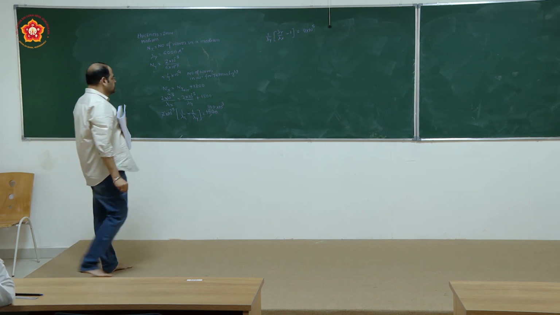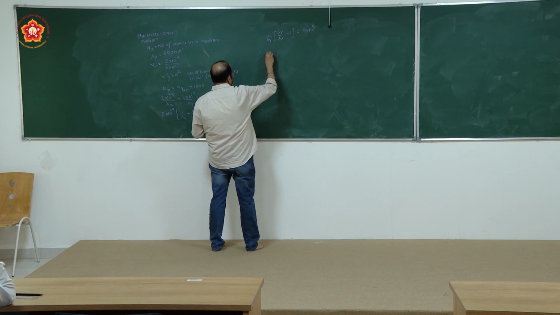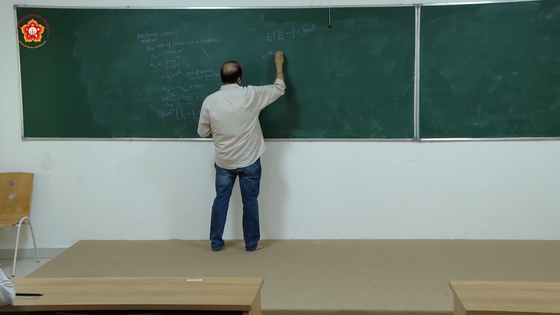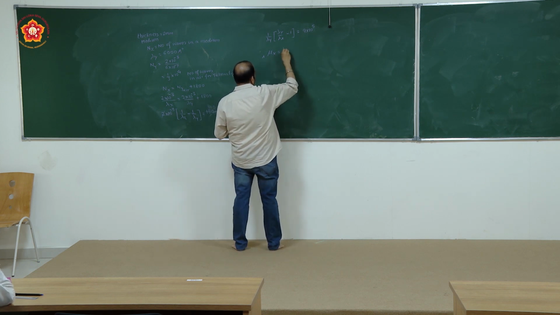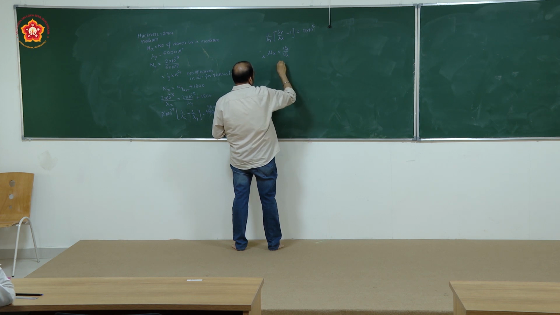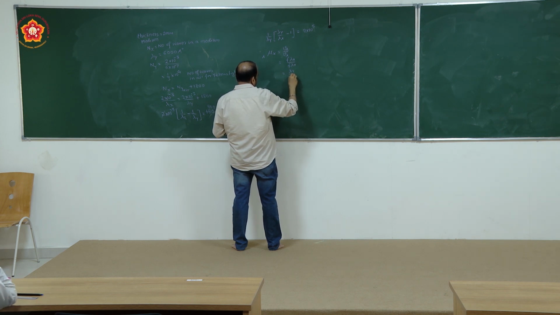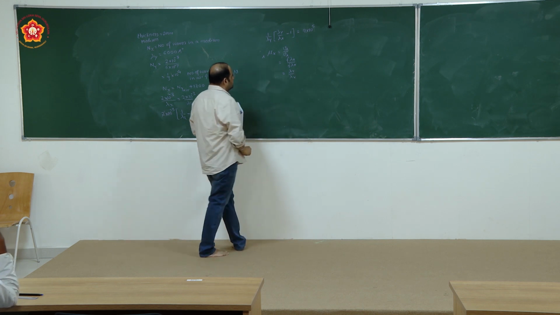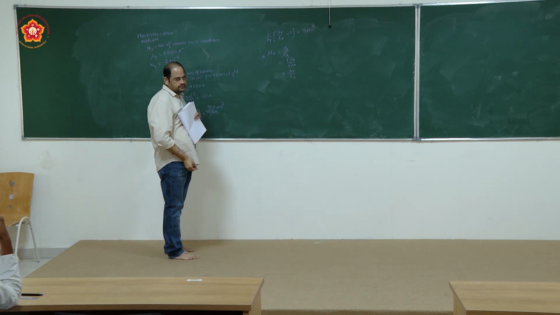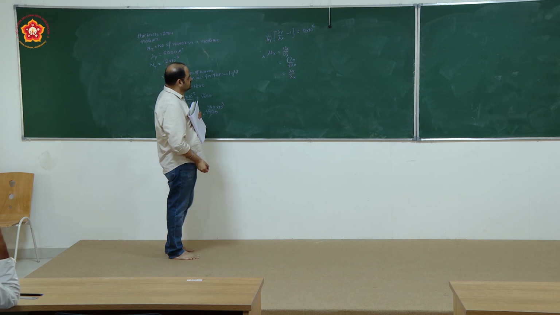Now you are able to write down refractive index of medium x with respect to air will be equal to velocity of light in air divided by velocity of light in x. Velocity of light will be taken as frequency into lambda in air upon frequency into lambda x. So in this case, lambda y upon lambda x will be the figure in this case. So lambda y by lambda x is refractive index.